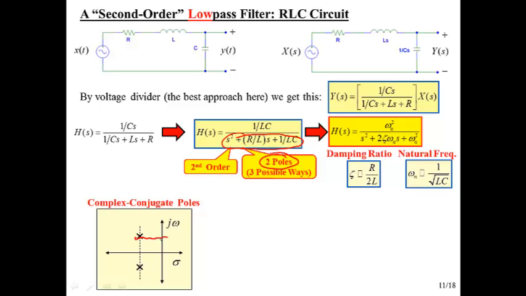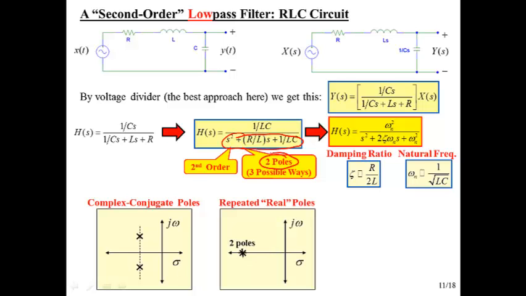So they're off the sigma axis, so they don't lie directly on the sigma axis, so they have some complex part to them. Another way is that they're real, but they're repeated. So both poles are at the same place.